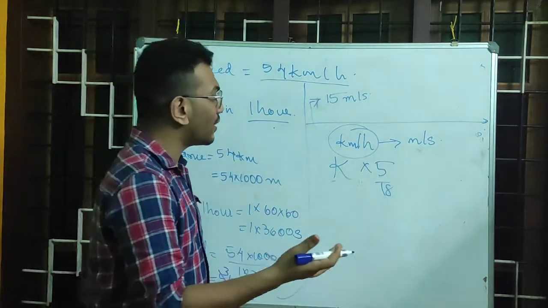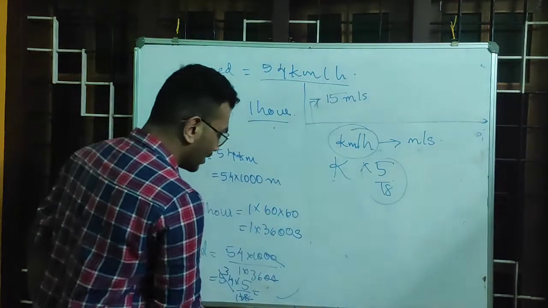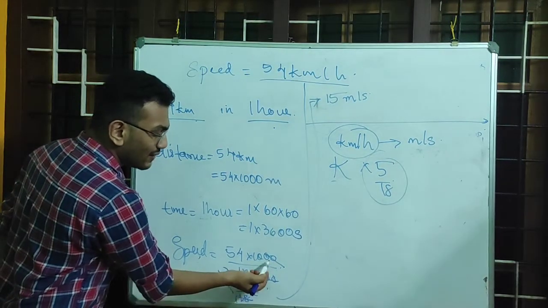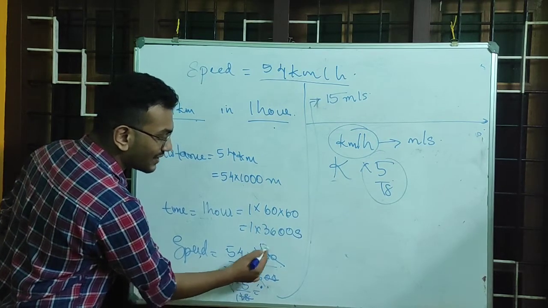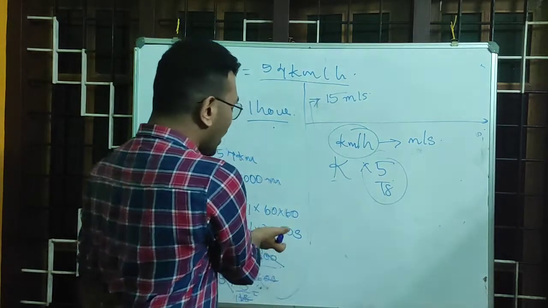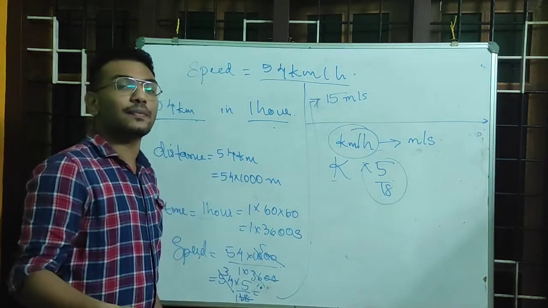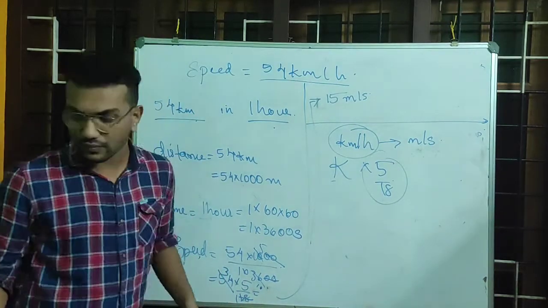If we want to convert that kilometer per hour to meter per second, just multiply by 5 by 18. That is here. We cancel off the zeros, 2 into 18, 2 into 5. That's it. That is just a simplification of the actual value. So just multiply by 5 by 18. So we can directly do it, right?